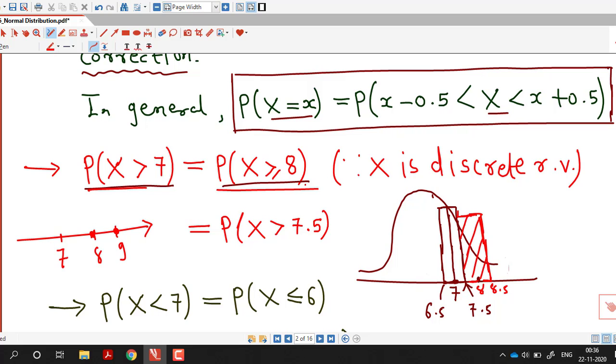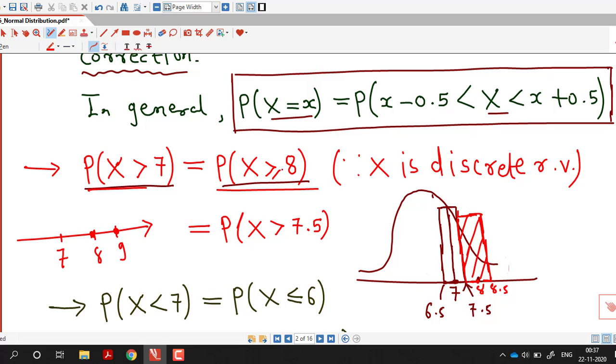Now the probability that X is greater than or equal to 8 is nothing but, if you observe here, the area of this rectangle is nothing but the probability that X equals 8. So this box or this rectangle includes X equal to 8, and we are starting from X equal to 8. This probability is nothing but the probability that X equals 8 plus the probability that X equals 9 and so on.